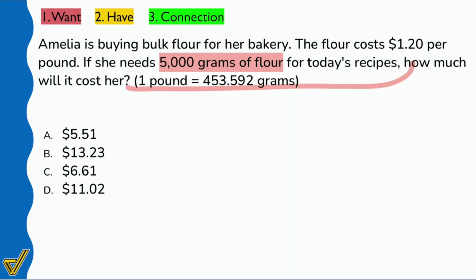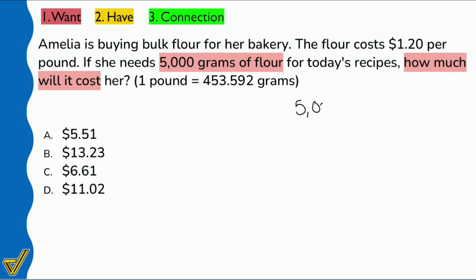Let me go ahead and fix that up. There we go. How much will it cost her? So there it is. It looks like 5,000 grams of flour is going to translate to this much money. Okay, I at least understand what the goal is.